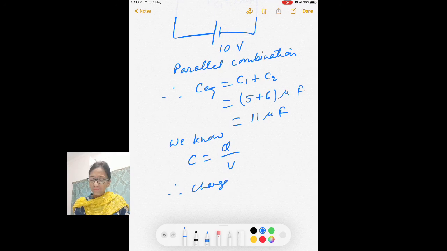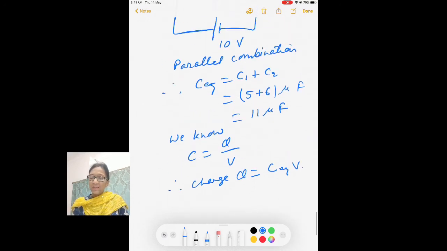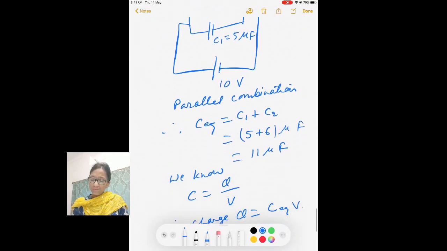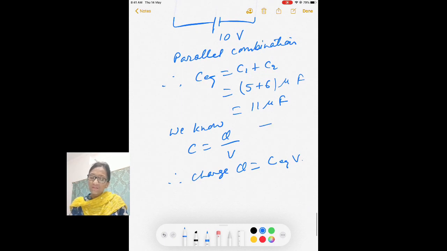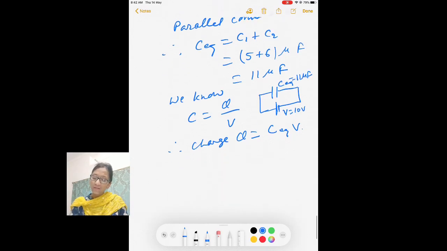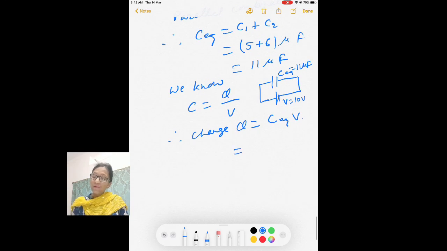Therefore, charge Q is equal to C equivalent into V. Here you have C equivalent and the same potential V equal to 10 volt, and C equivalent equal to 11 microfarad. So let me put the values of the two.